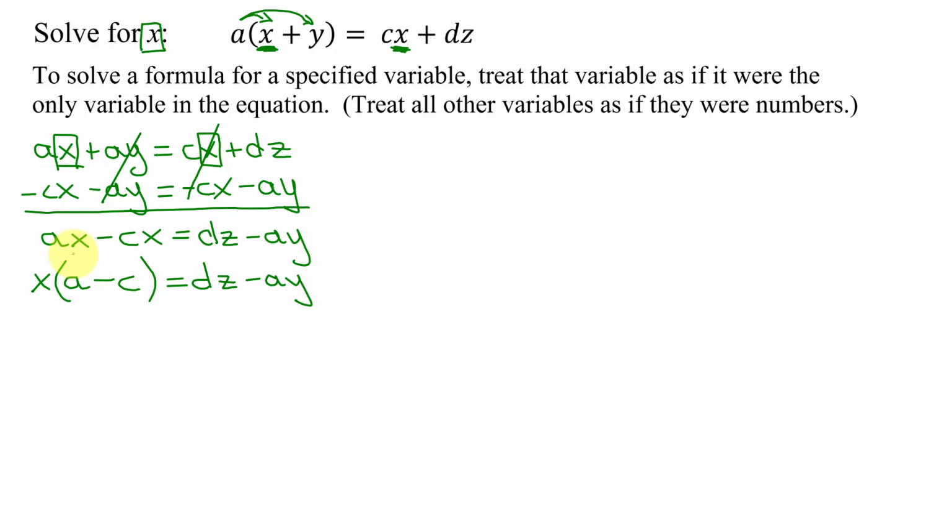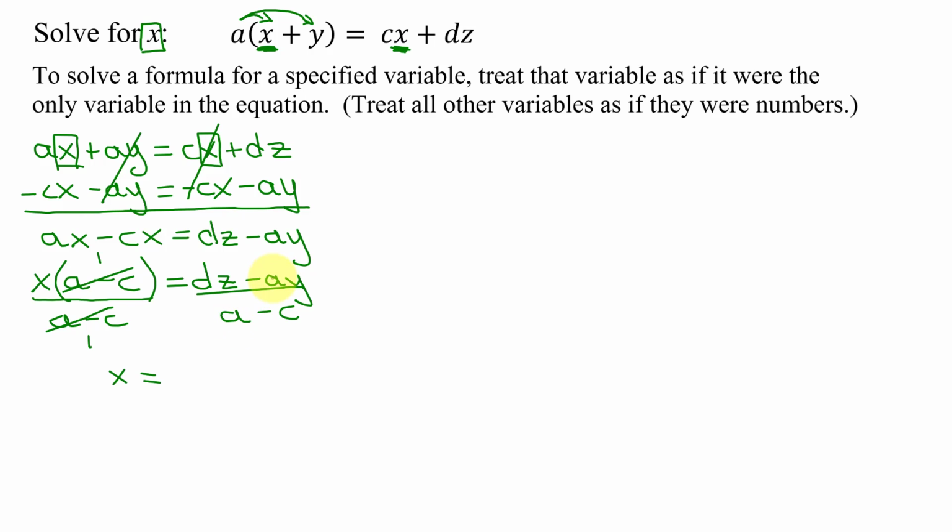Last thing, how is this parentheses attached to the x? By multiplication. So you're going to undo it by dividing both sides by a minus c. And so on the left-hand side, I just get x equals, can I reduce anything? Be careful, you cannot reduce these two a's.